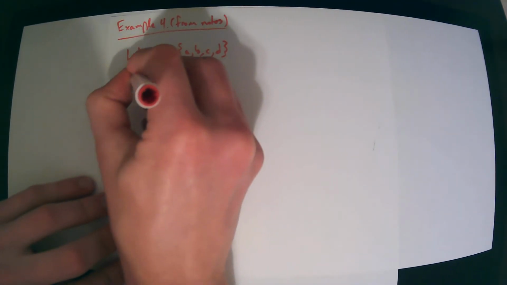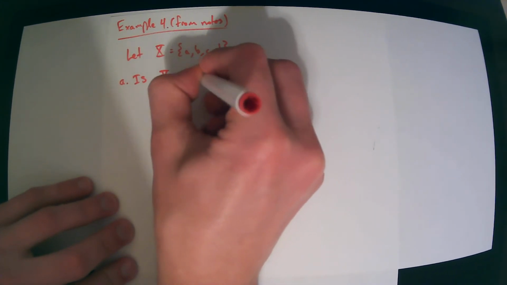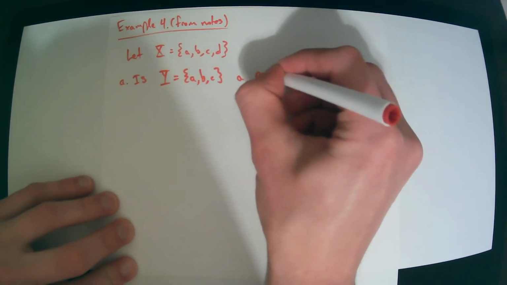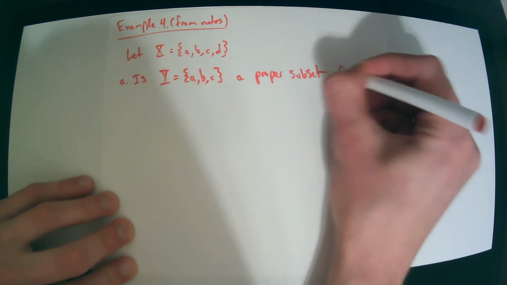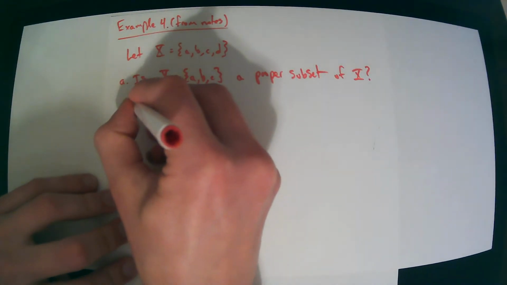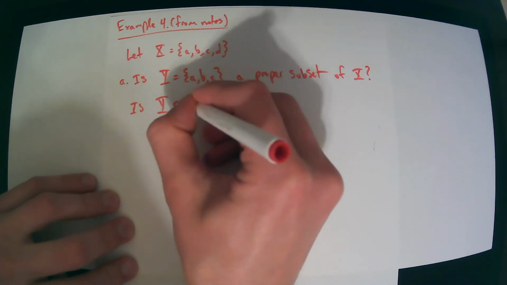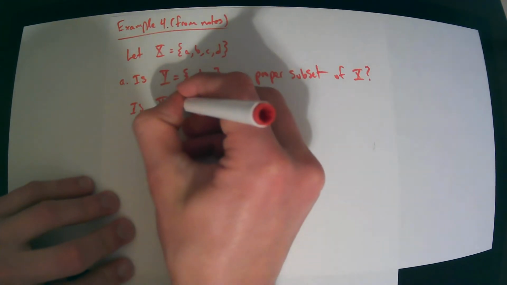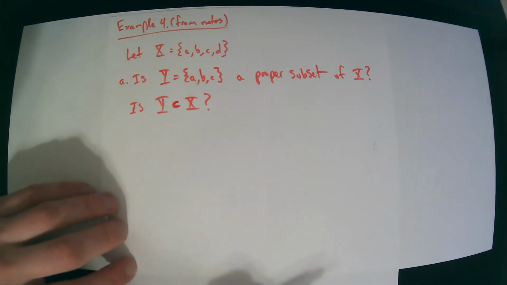So, is Y, which is equal to ABC, a proper subset of X? In other words, now that I've identified what Y is, I can say, is Y a proper subset? That's supposed to be like a little C symbol. Is Y a proper subset of X?